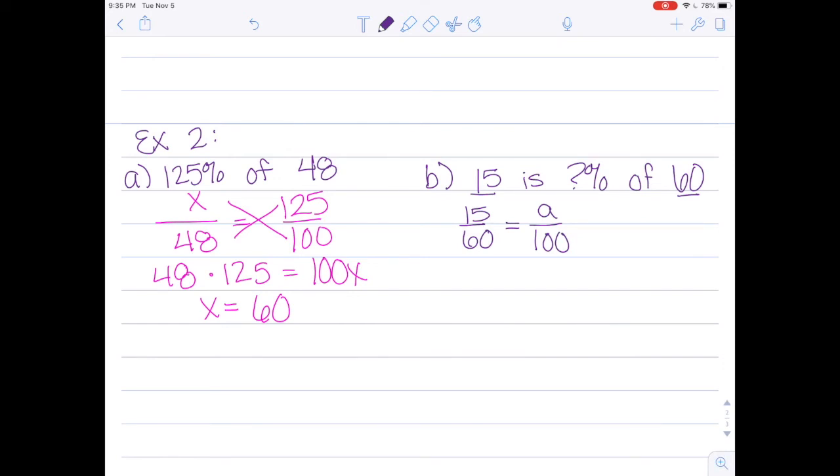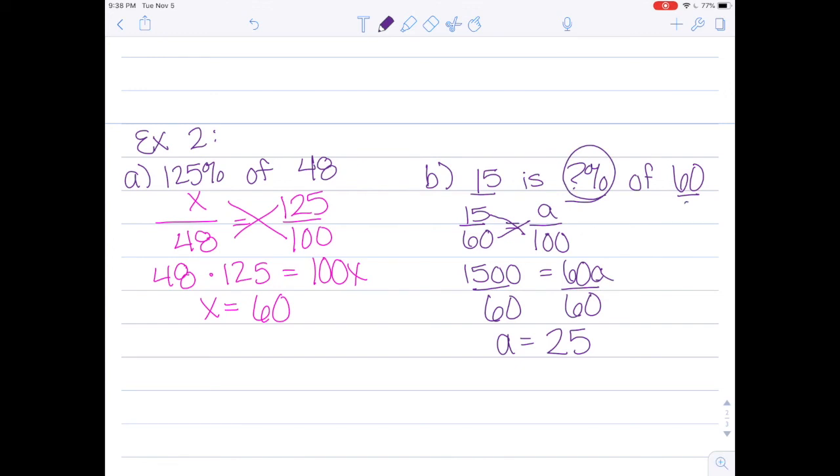So here again, we do 15 times 100, which is 1,500, and it's going to be equal to 60 times A. So if we do 1,500 divided by 60, that will get us A. So A equals 25. 1,500 divided by 60 is 25. So 15 is 25% of 60.